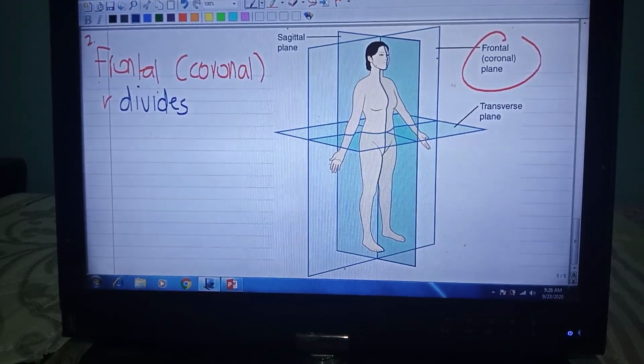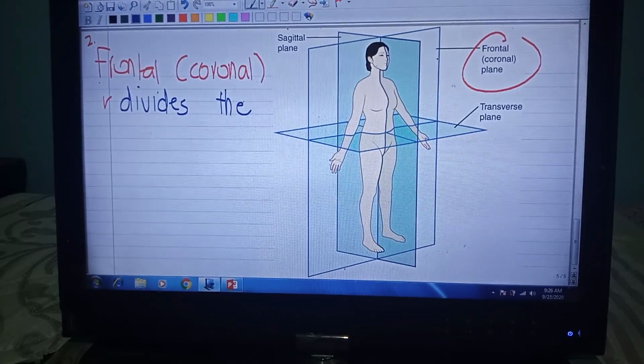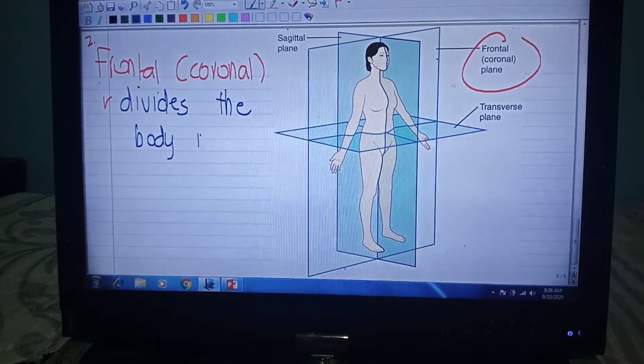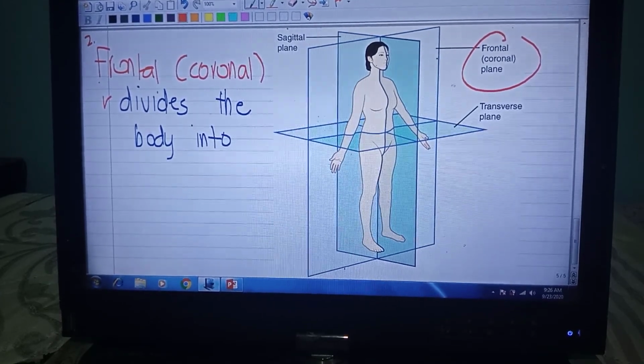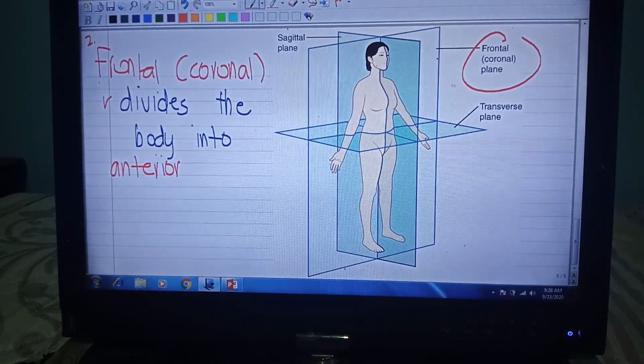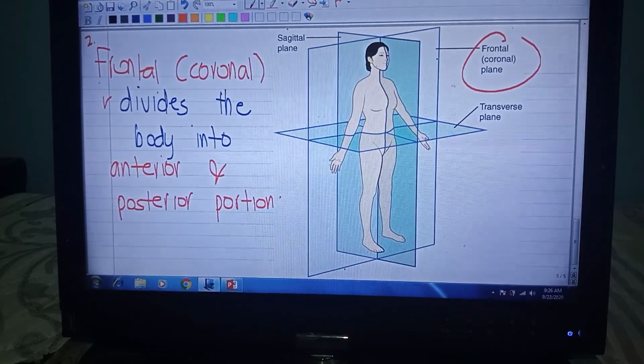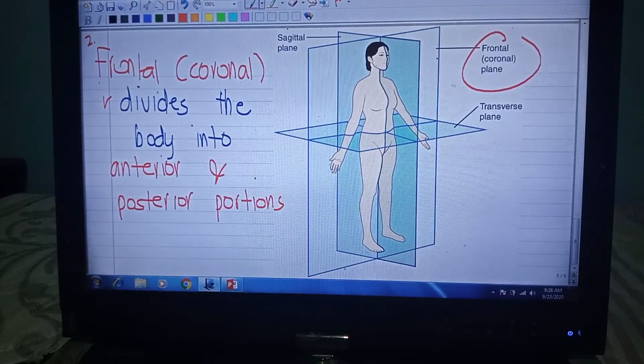Your frontal divides the body into anterior and posterior portions. So, interrelated lahat ng discussion natin. So, ang frontal mo, that's the face part, and the posterior is the back of the head.